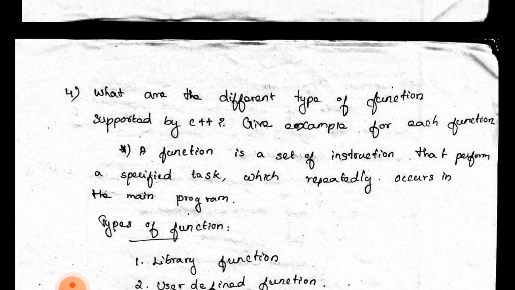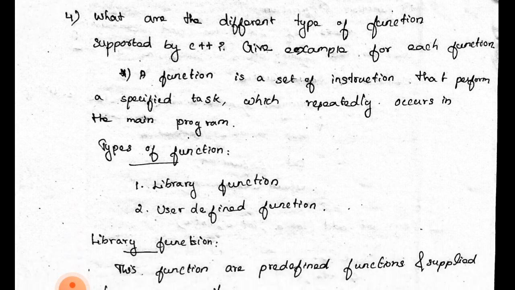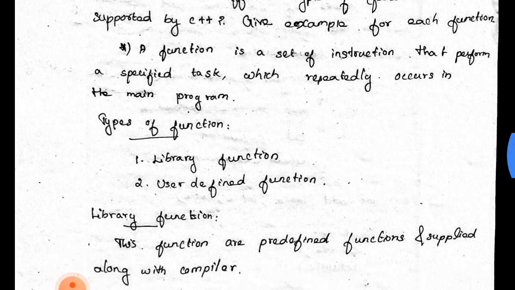What are the different types of functions supported by C++? Give example for each function. A function means a set of instructions. It performs a specific task that repeatedly occurs in the main program. Types of function are library function and user defined function.